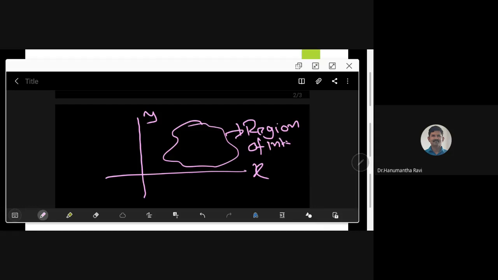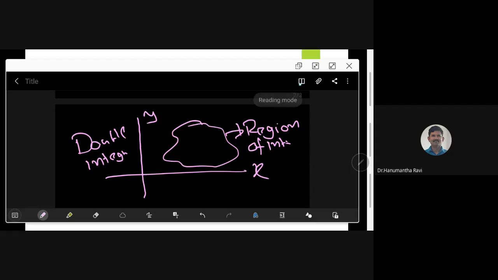When you are dealing with single integrals, you have only the x-axis and x lies between a and b. But when it comes to double integral, the region of integration is a bounded plane region. I will show some examples there. And most of the questions in GATE come from double integrals, so we need to focus more on this one.